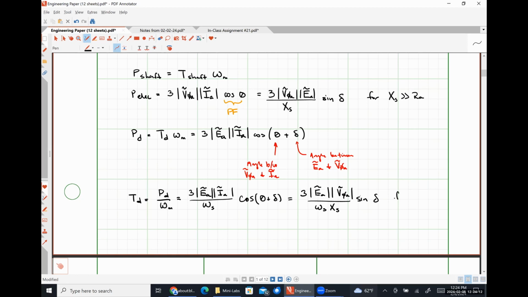And once again, we're making the assumption here that XS is much greater than RA. So these are effectively all of our power and torque relationships for a synchronous machine. It does not matter whether we're using it as a generator or as a motor. Everything has been taken care of.